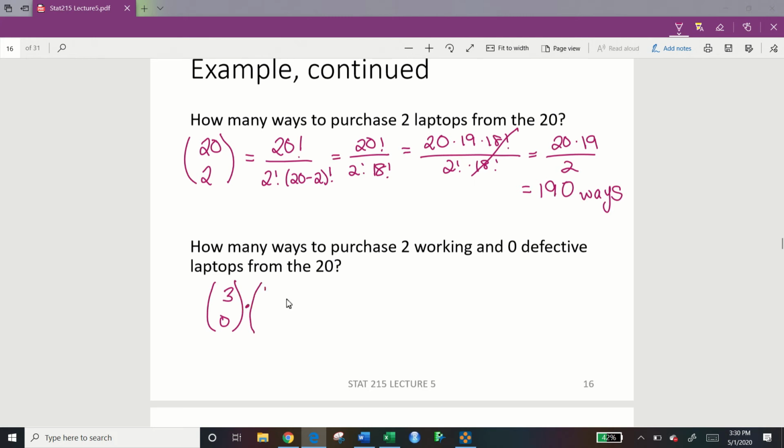And then it's going to be 17 choose 2. Now I want you to think about this. Notice the top of our functions. We have 3 plus 17. That is our total laptops. This represents the defective, and this is the working.